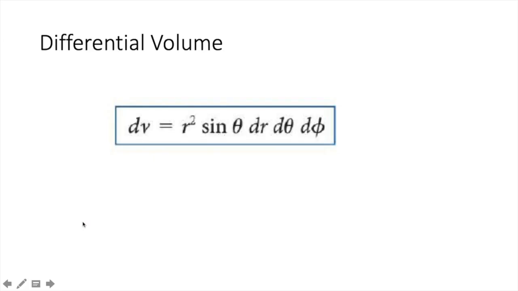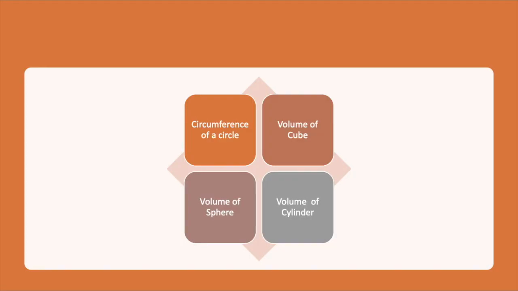So we can write dv as r square sine theta dr d theta d phi, and we'll use this equation to find out the volume of the sphere. So we have a sphere here, and let's write it down. dv is basically equal to r square sine theta dr d theta d phi.